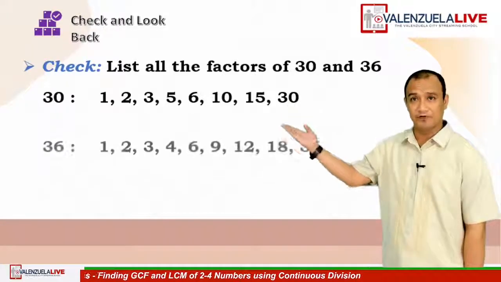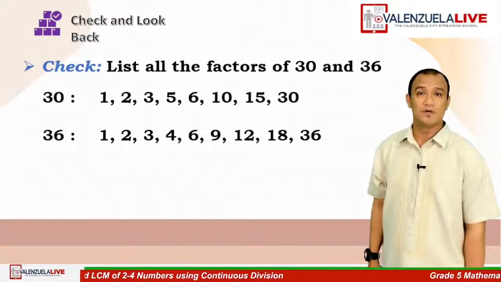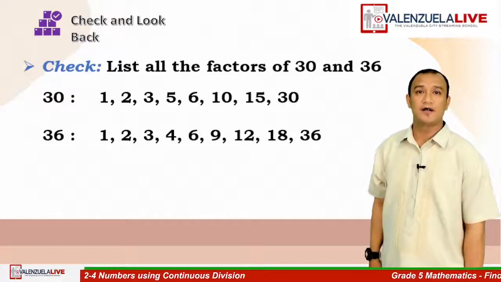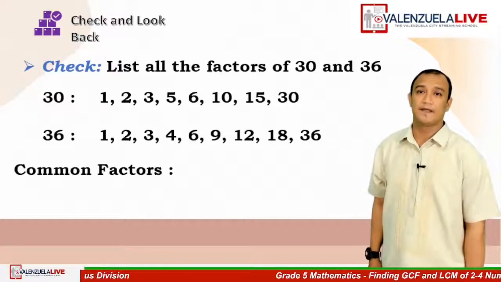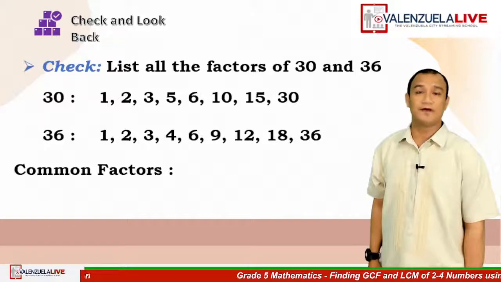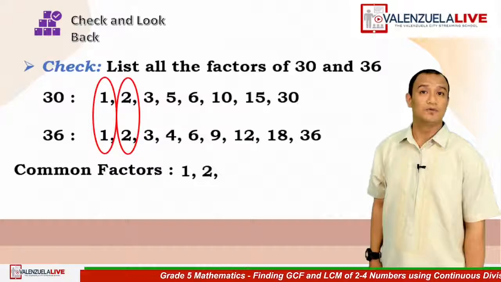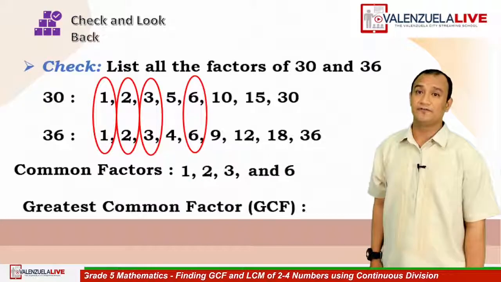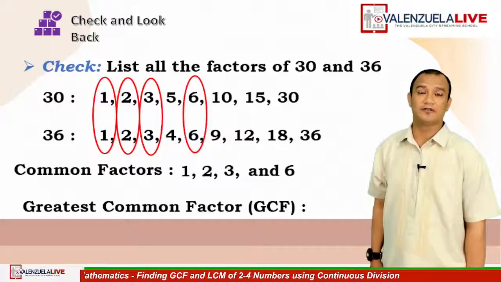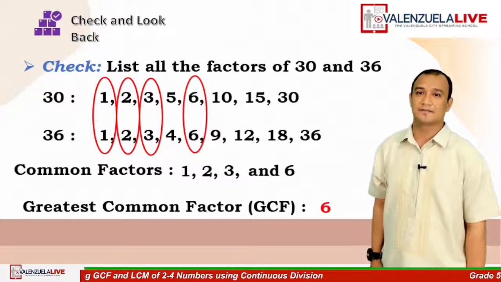For the factors of 36, we have 1, 2, 3, 4, 6, 9, 12, 18, and 36. Now, let's find the common factors. We have 1, 2, 3, and 6. So therefore, the greatest common factor of 30 and 36 is 6.